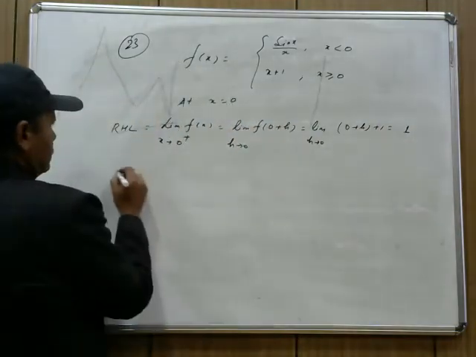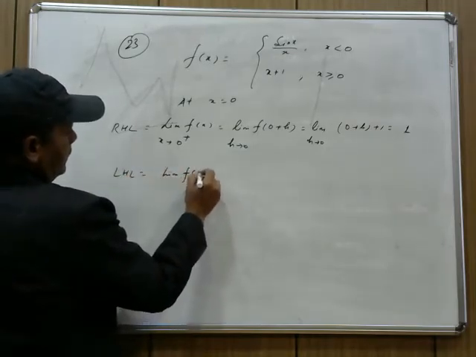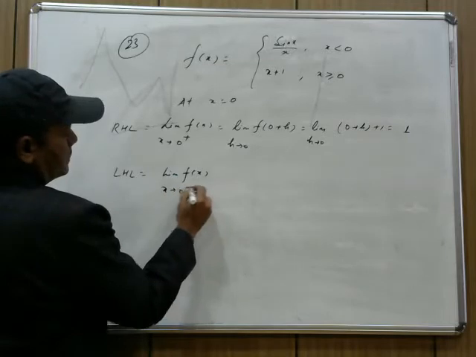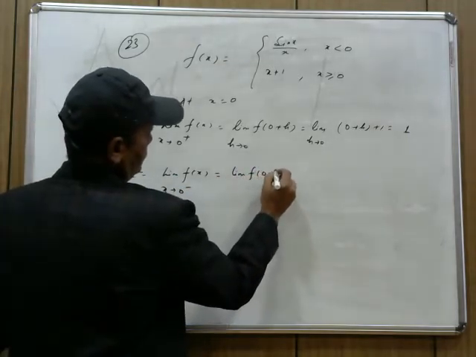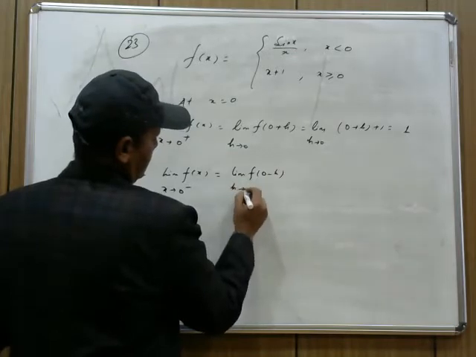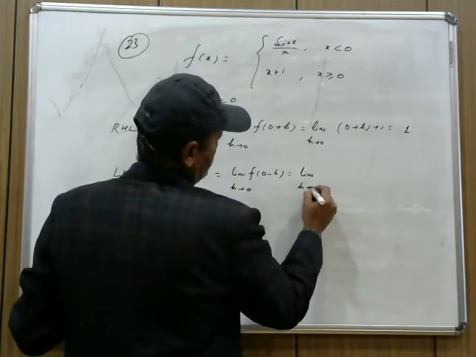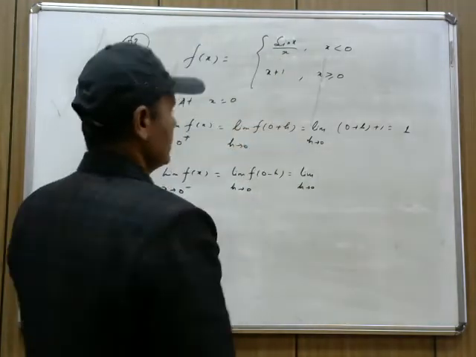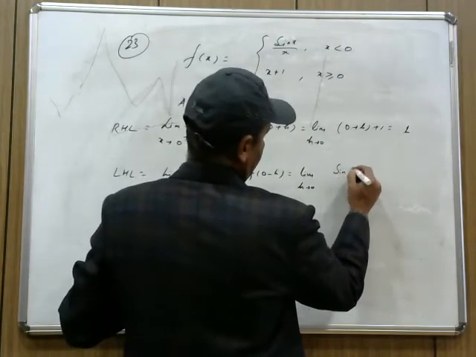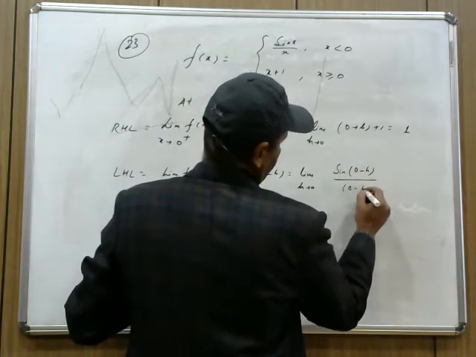Right? Now LHL, limit f of x as x tends to 0 minus, is limit f of 0 minus h as h tends to 0. For x less than 0, the first function is sin x by x, so I'll write sin of 0 minus h upon 0 minus h.